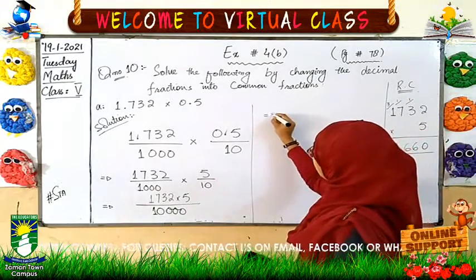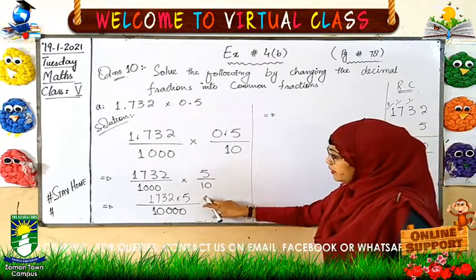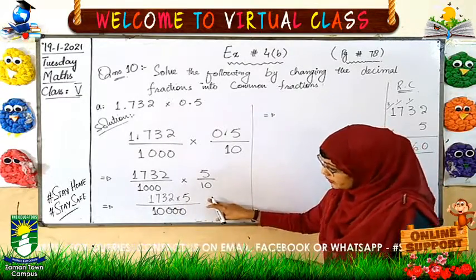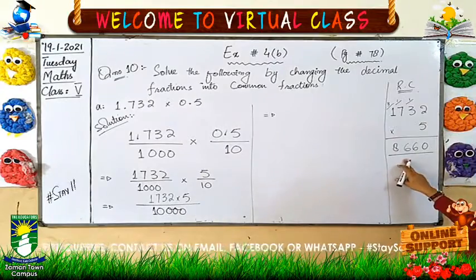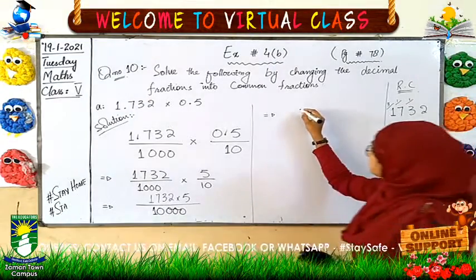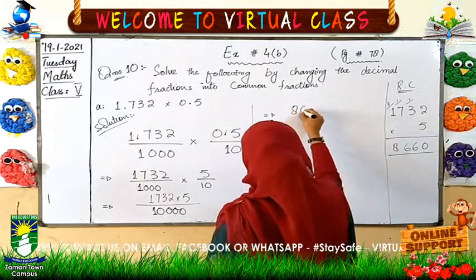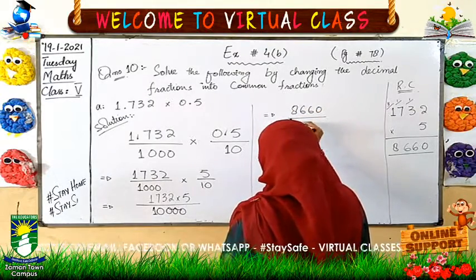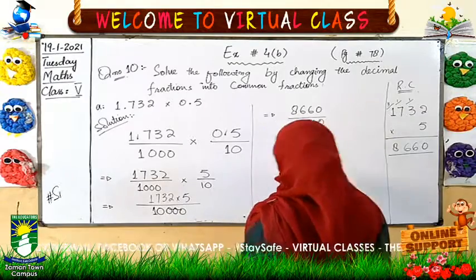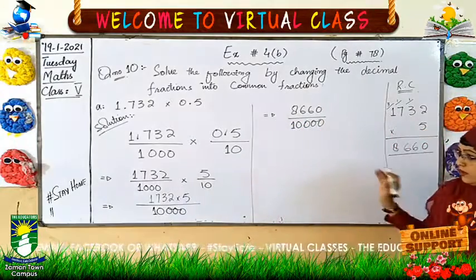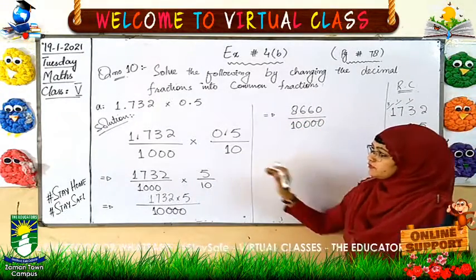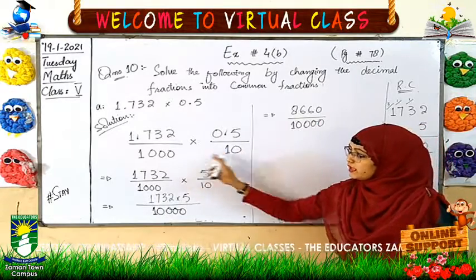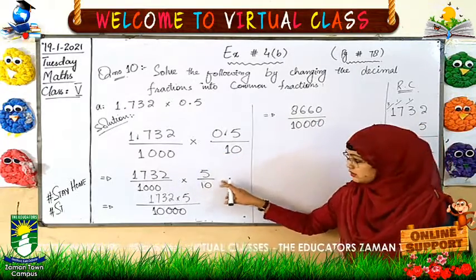Then we write down the answer of the multiplication. After multiplication, we are getting 8660 upon 10,000. What we had done: first we converted both decimal numbers into common fractions.